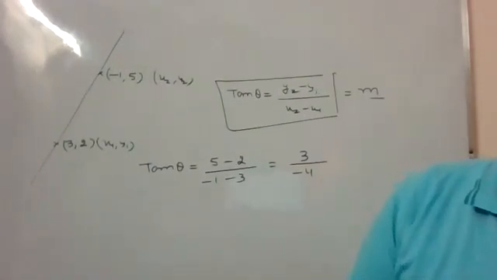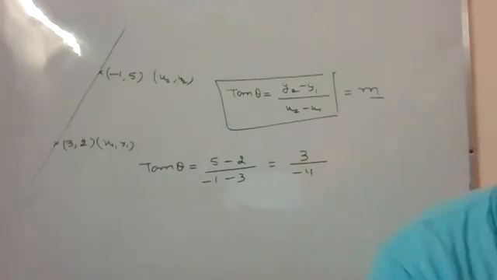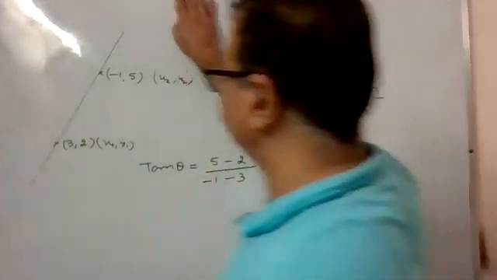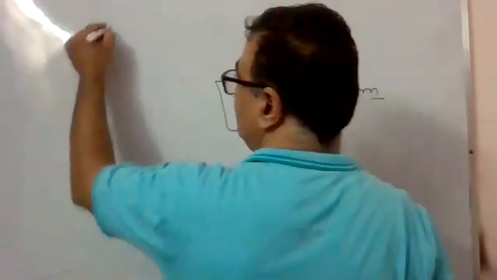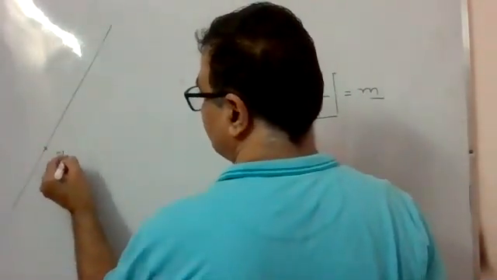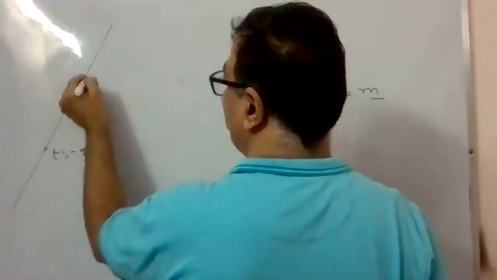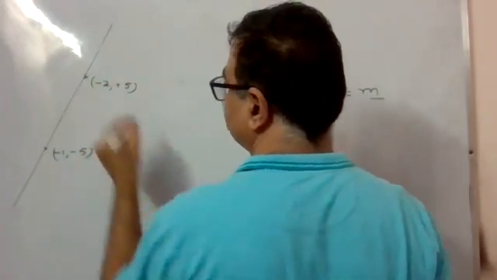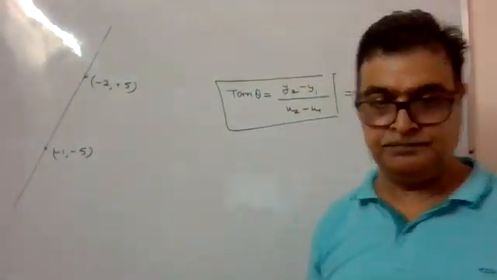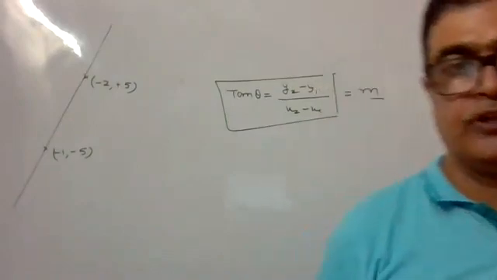One more question, write down please. Find the slope of the line passing through the points minus 1, minus 5 and minus 2, 5. Find out the slope of this line, please.